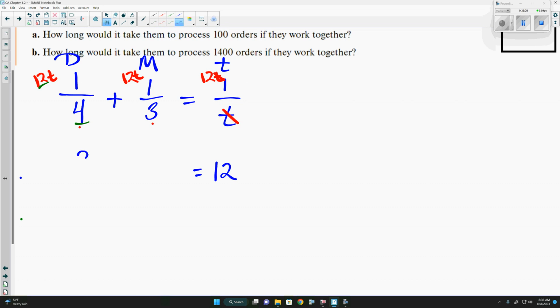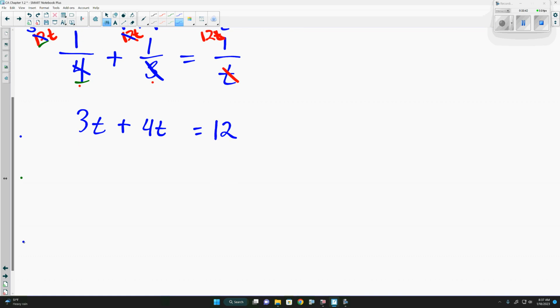So we have 3t plus, because these cancel, leaving us with 3. 12 divided by 3 is 4. And this is not going to be 1, because 3t plus 4t is 7t.